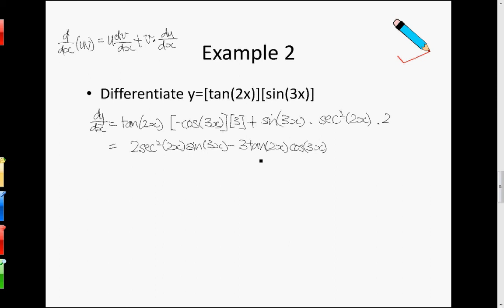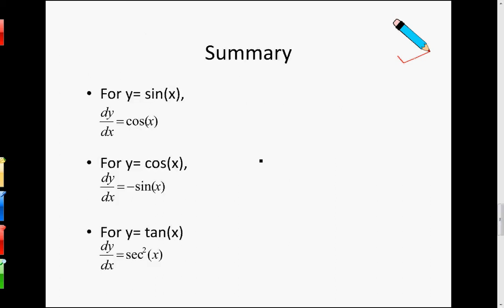Okay, so that's all. So in summary, for a function y is equals to sine x, you differentiate, you get cosine. You differentiate cosine, you get negative sine. Differentiate tangent, you get secant square. Okay, and don't forget the variables inside here is all x, so there's no chain rule involved.